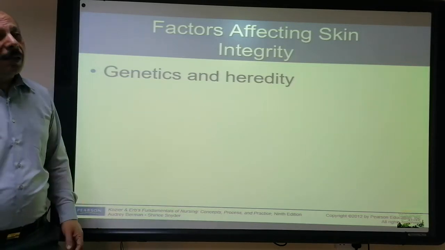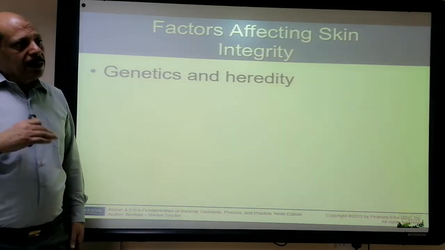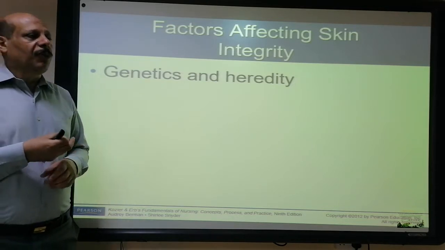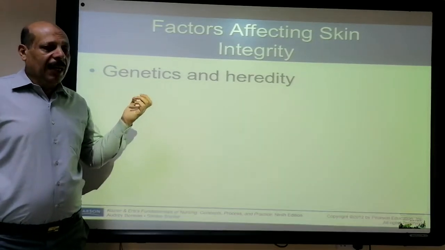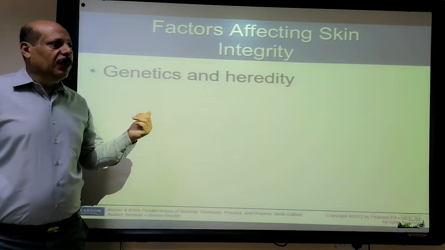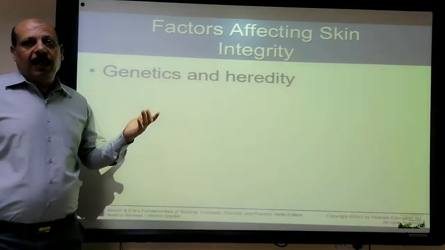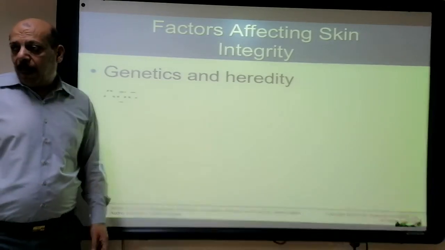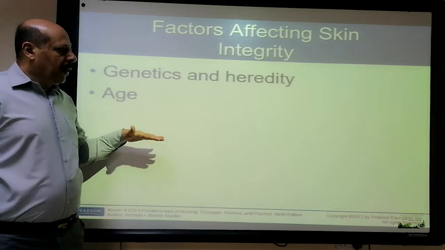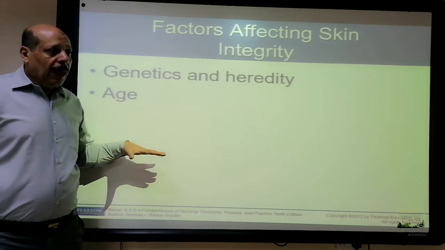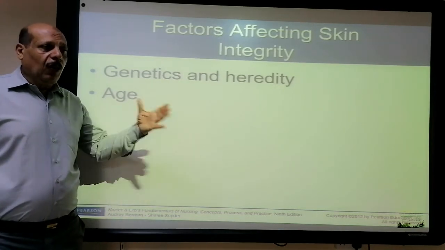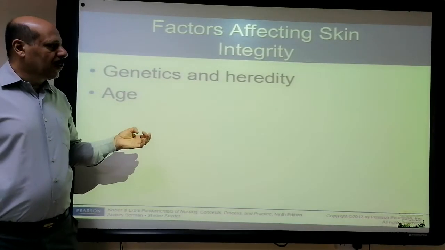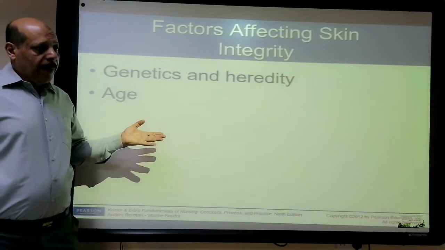Also, in some people there are some problems with their skin that might interfere with the skin integrity and also increase the susceptibility to disease. The age itself: in infants and old age, the skin is more delicate and more prone to injury.